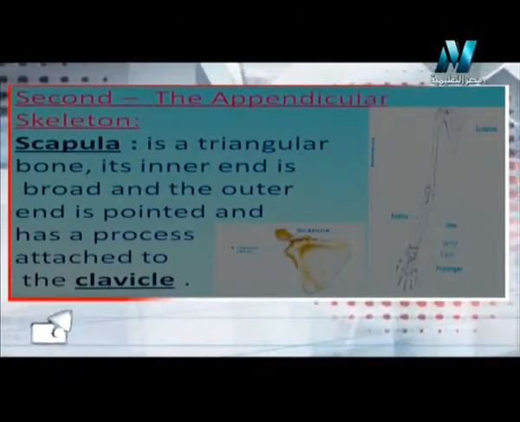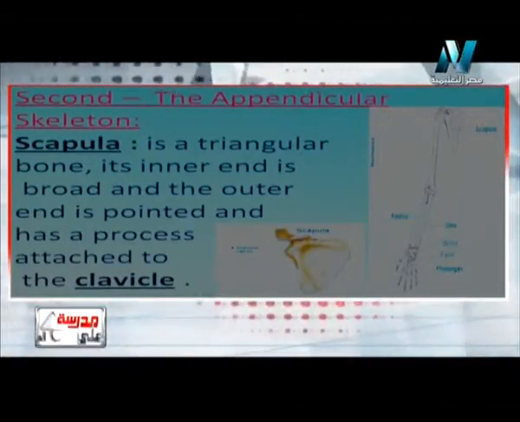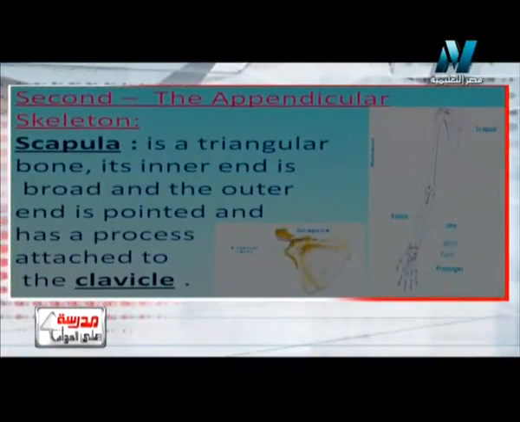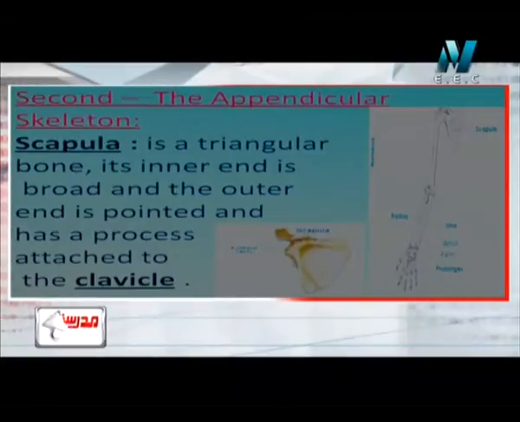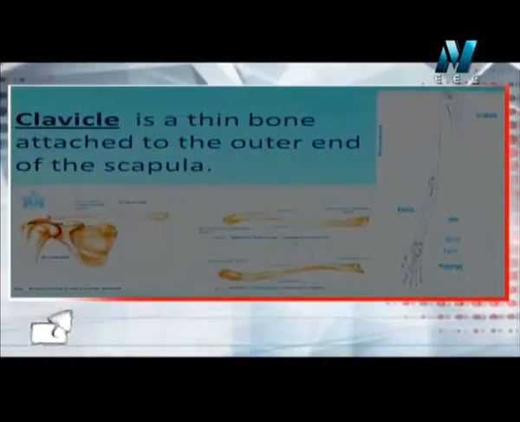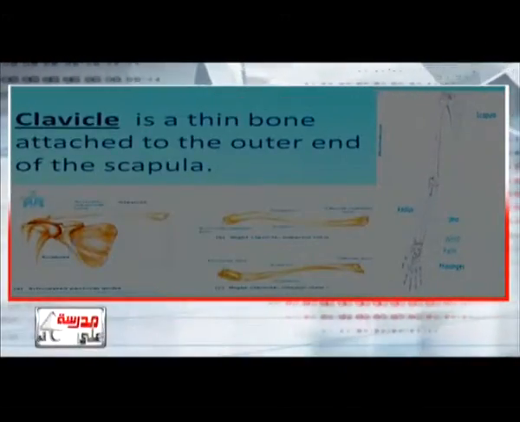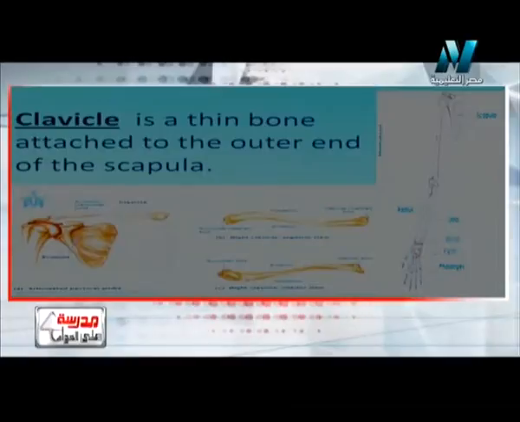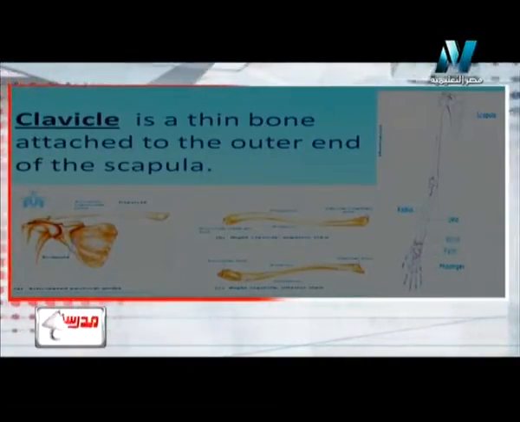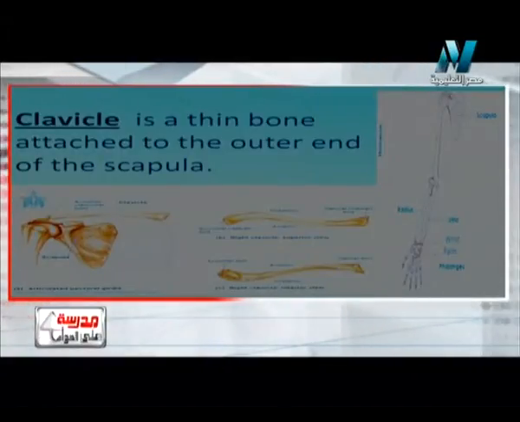The scapula is a triangular bone. Its inner end is broad and the outer end is pointed and has a process attached to the clavicle. The clavicle is the bone attached to the outer end of the scapula.